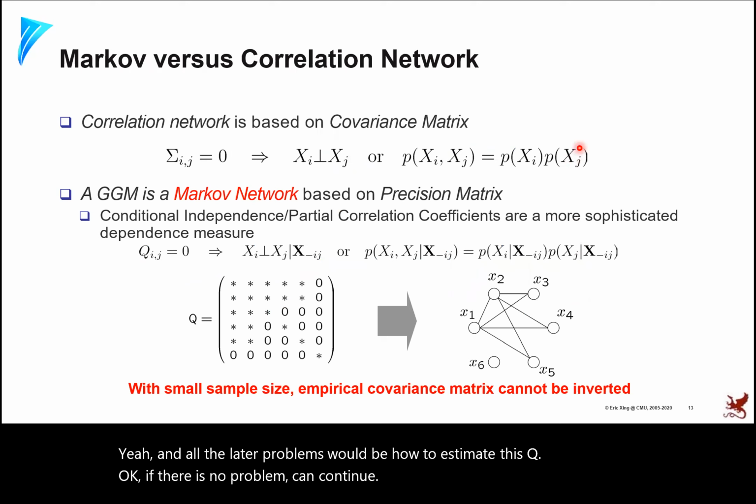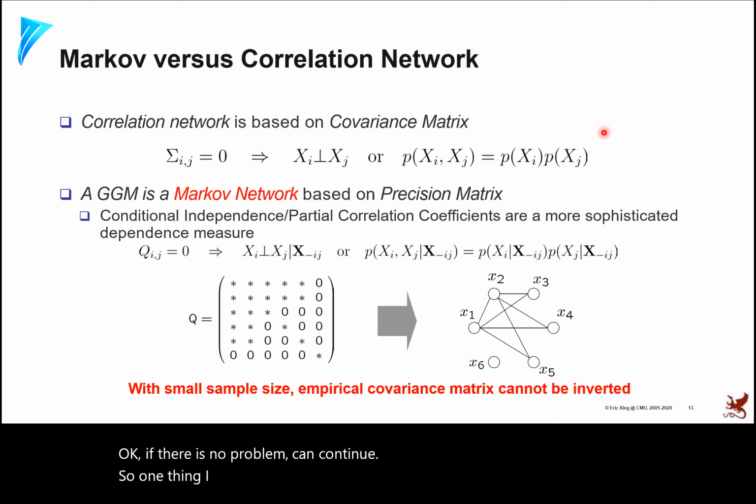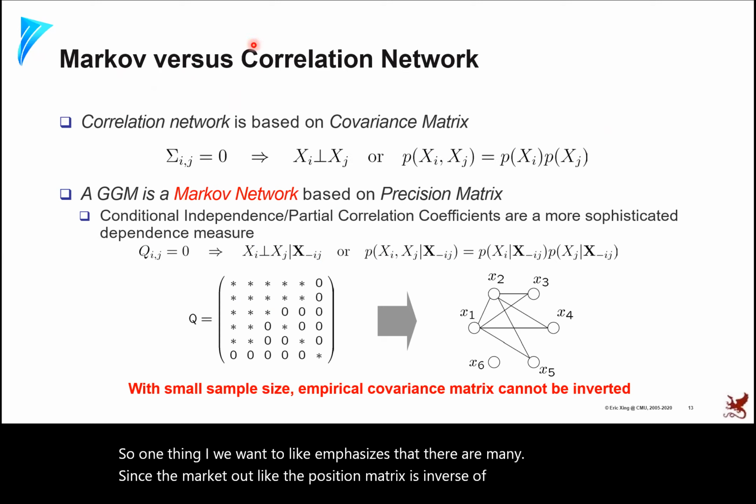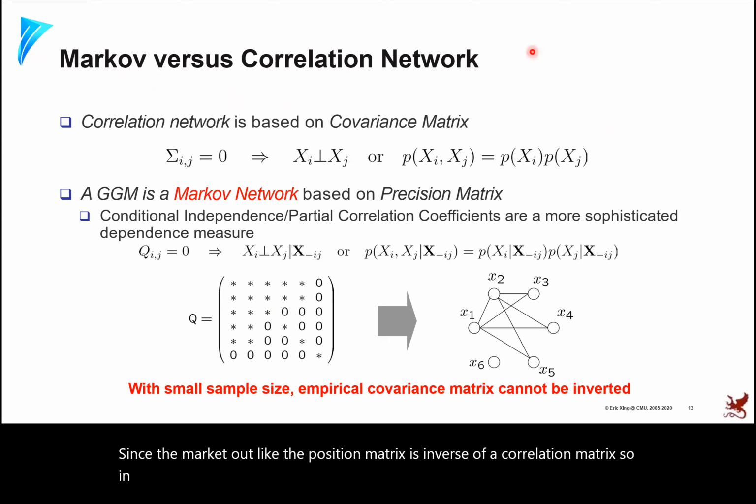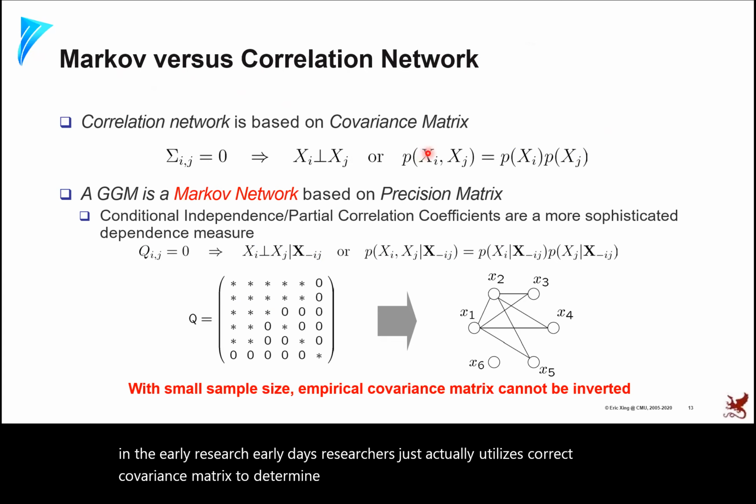One thing we want to emphasize is that since the precision matrix is the inverse of the covariance matrix, in the early days, researchers just utilized the covariance matrix to determine the interconnection between two nodes.